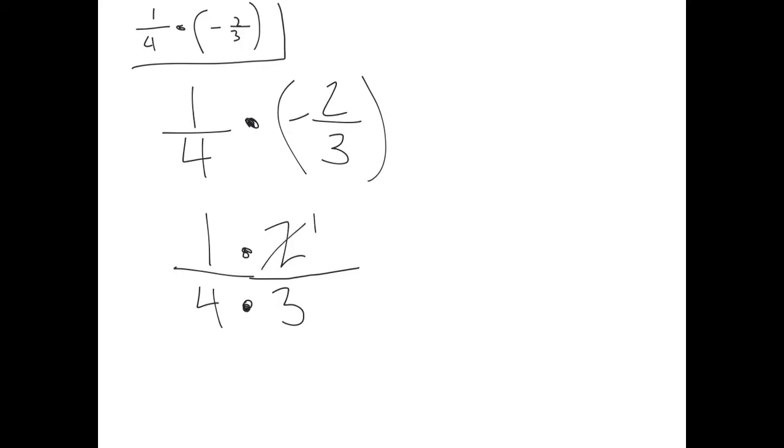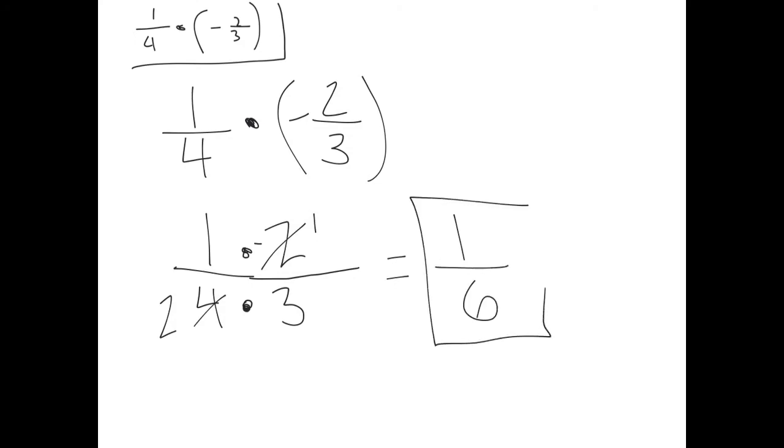So 2 can go into itself 1 time. And 2 can go into 4 2 times. So 1 times 1 is 1, and 2 times 3 is 6. So our answer, in simplest form, would be 1/6.